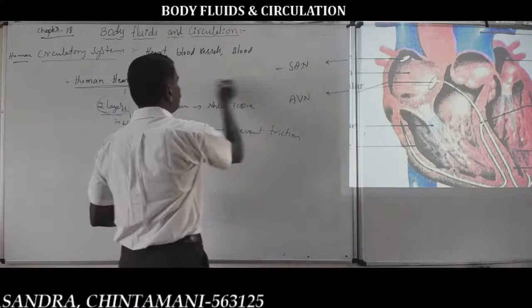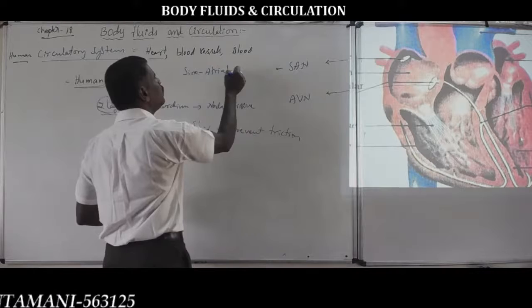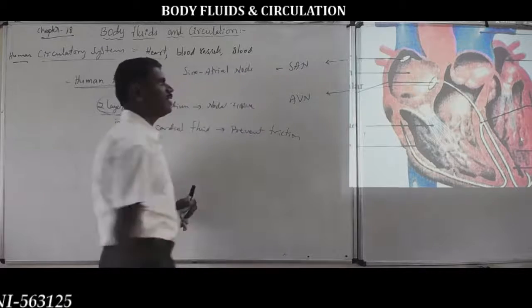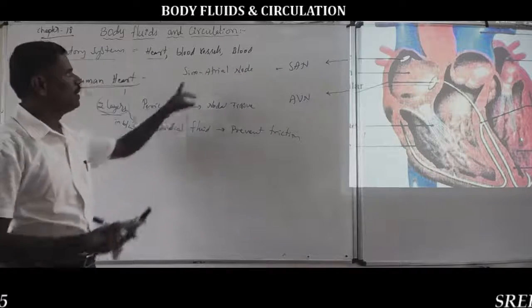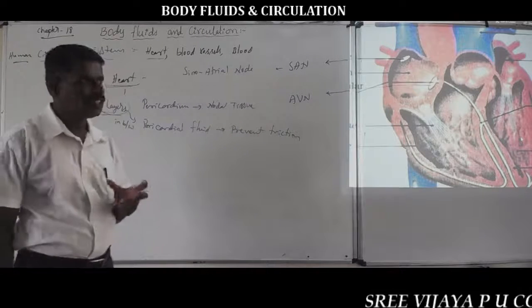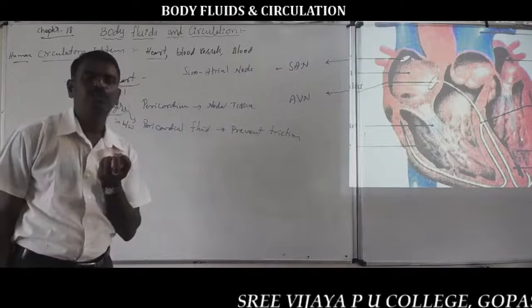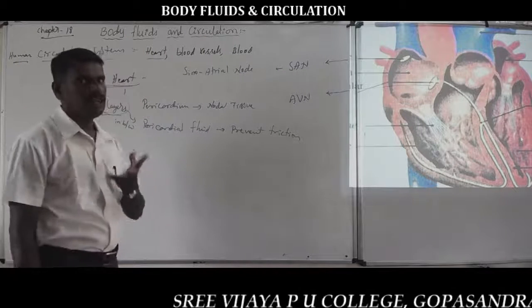SAN is nothing but the sinoatrial node. It is a patch of tissue which helps to organize and initiate the systole, the contraction, of the heart muscles.